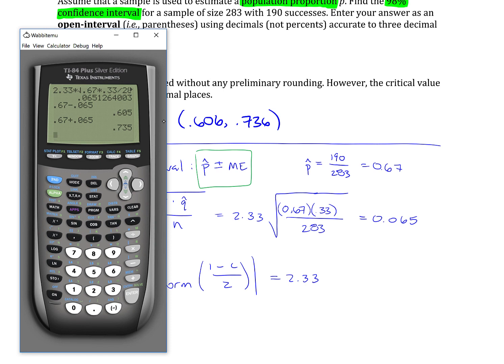Just use some more decimals, and that'll agree to 3 decimal places in the end. But that is how you would go about it through formulas, and you should get the same result if you use formulas or the calculator exclusively.